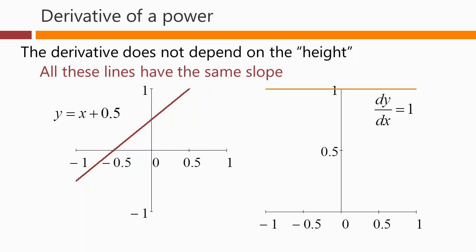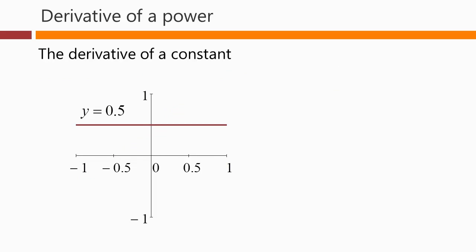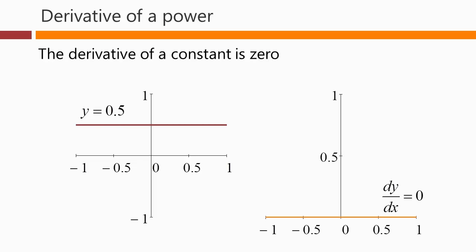And again, as we go up to x plus 0.5, we've just moved the line up, the derivative remains exactly the same. The derivative of a constant, here's a line that is just a constant, y equals 0.5, is of course just 0. There's no rate of change of y with x, so the derivative is 0.